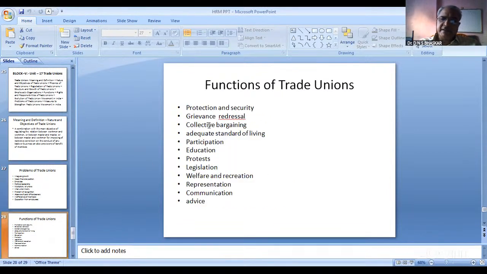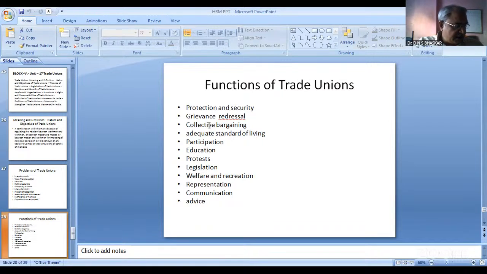Next one, functions of the trade unions. So this functions of trade unions is given to you. In industrial relations, rights and responsibilities, evaluation of trade unionism and employees function 17.6.